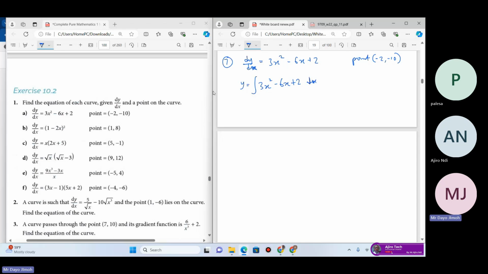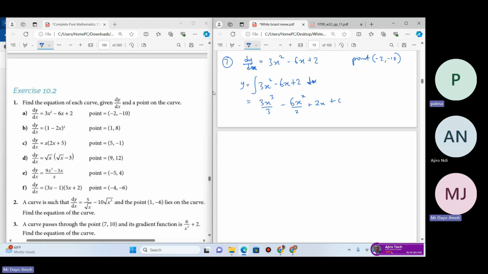Integrating this, it becomes 3x to the power 3 over 3 minus 6x to the power 2 over 2 plus 2x plus c.